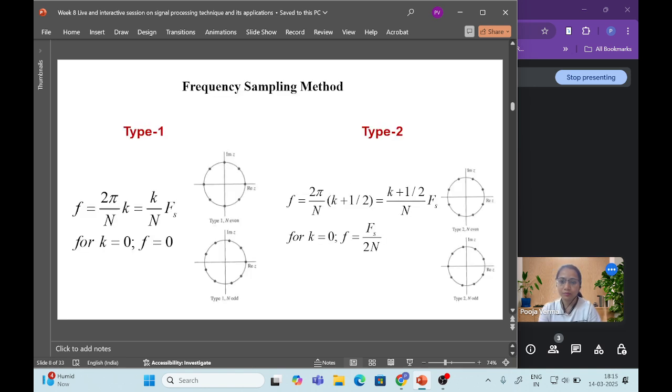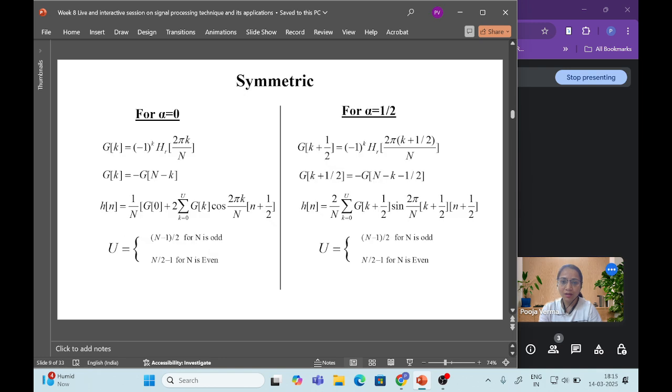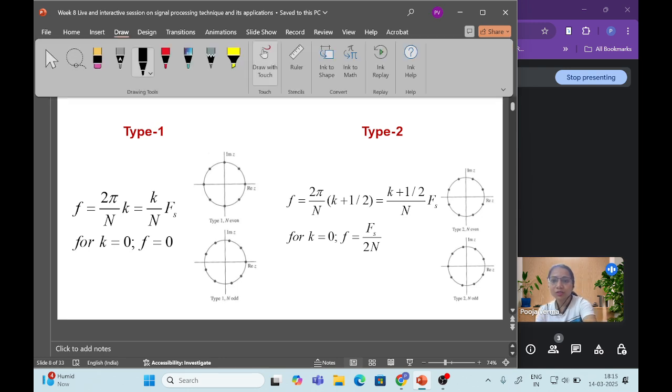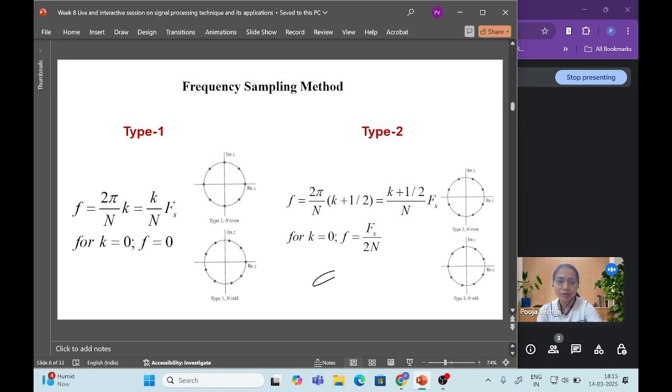Now next one is the frequency sampling method. There are two types of frequency sampling method, and here it is also symmetric and anti-symmetric. I have taken these slides because we will use this while solving our problems.